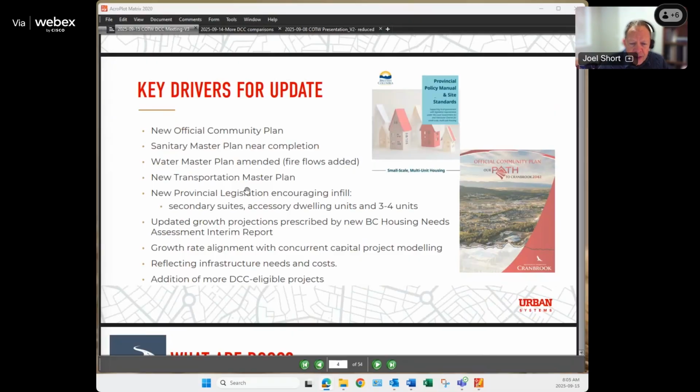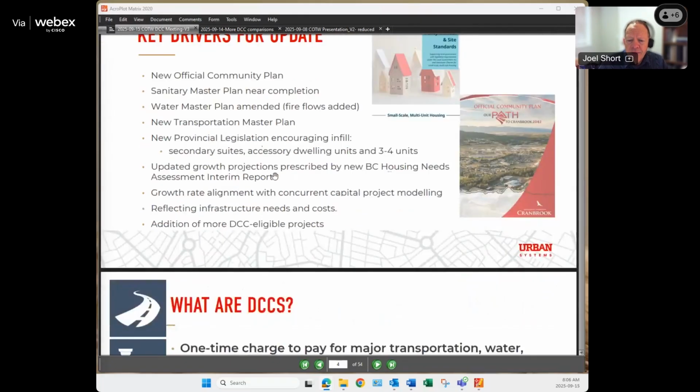There's a new transportation master plan, and we've got some new provincial legislation that encourages infill, like secondary suites, accessory dwelling units, and triplexes and fourplex type units. There's also some updated growth projections based on the new BC Housing Needs Assessment, and we want to ensure that growth is aligned with concurrent capital project modeling and reflects infrastructure needs and costs. And there's also a few more DCC eligible projects.